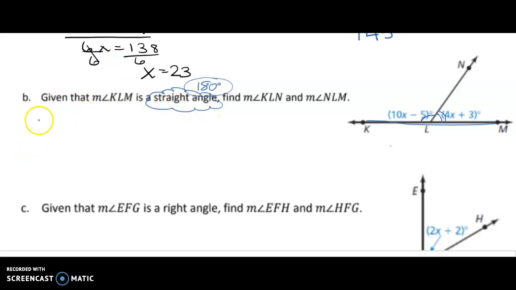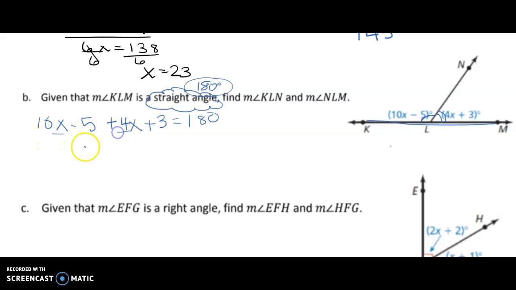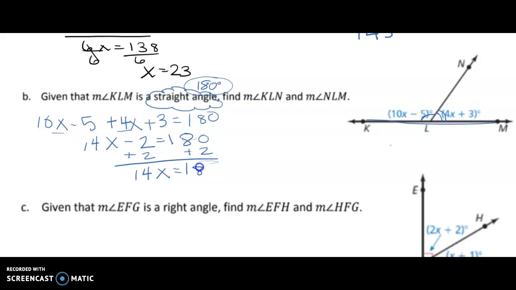So let's set up an equation. 10x minus 5 plus 4x plus 3 equals 180. 10x plus 4x is 14x, minus 2 equals 180. Add 2, 14x equals 182. Divide by 14.